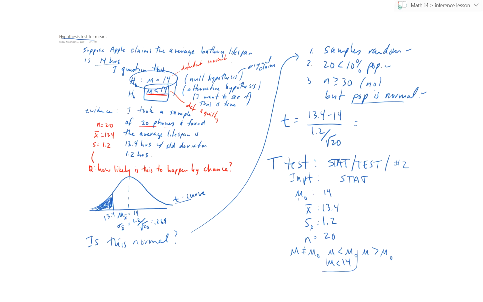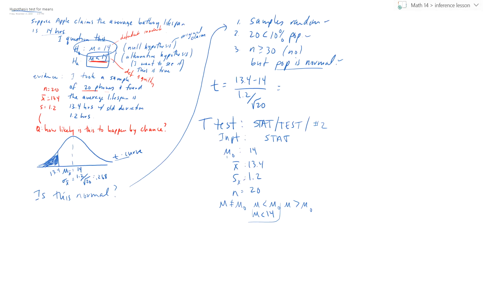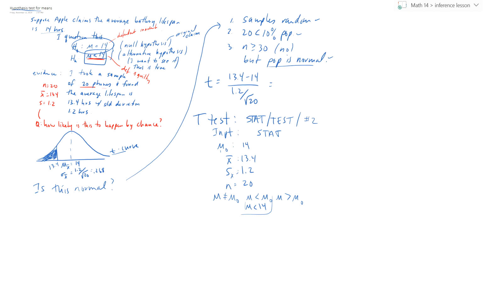And let's see, I'm just going to keep on going down here. So once I calculate mu is less than 14 and push enter, what comes up? T equals negative 2.23. That's my z-score, only it's a t-score, so I'm 2 standard deviations below the mean.